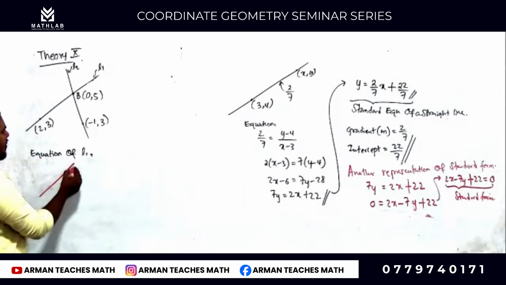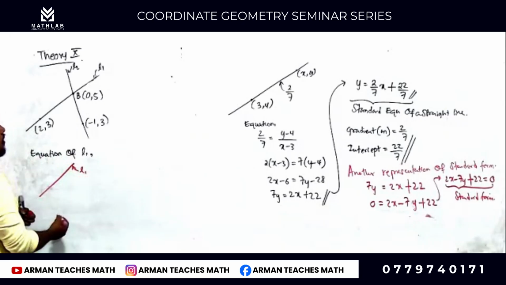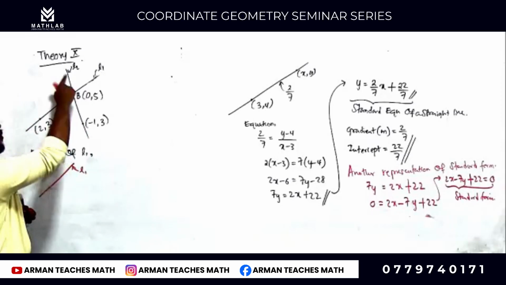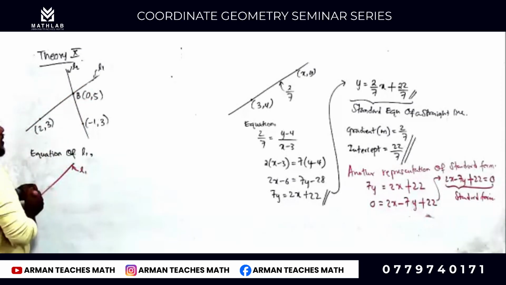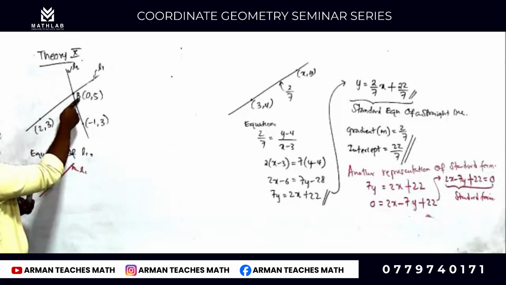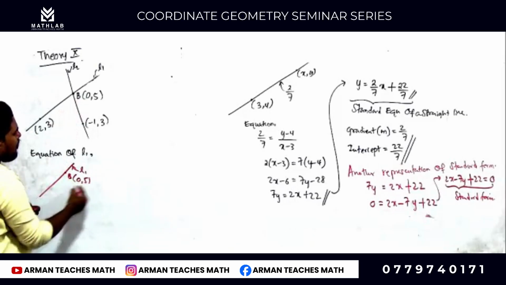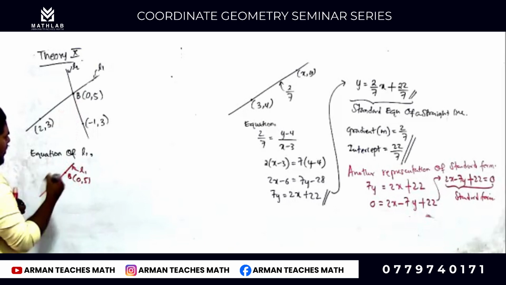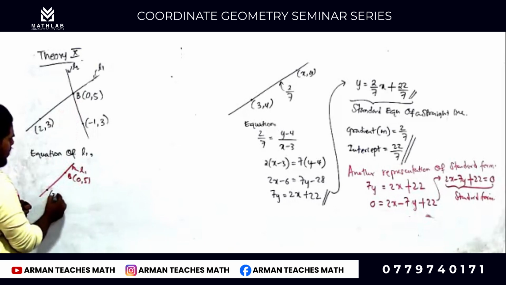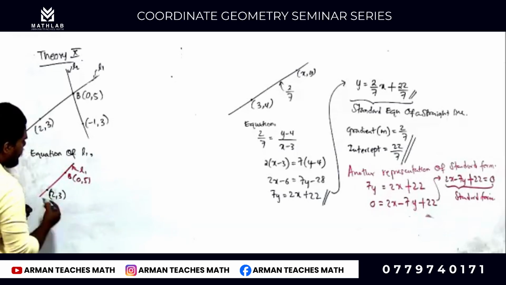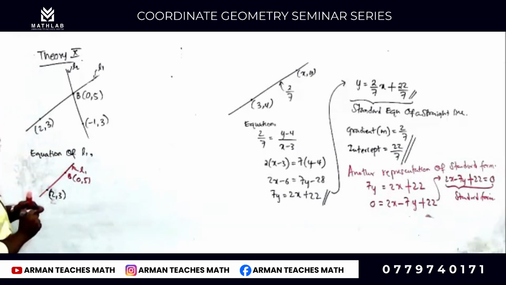How to calculate the equation of L1? If you take only the L1 straight line segment, what can you see? Point B is a common point for both L2 and L1. If it is a common point then this one is 0,5, මෙතන ඉන්නවා 2,3. Listen carefully, I need to calculate the equation.